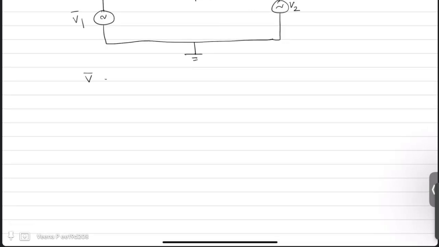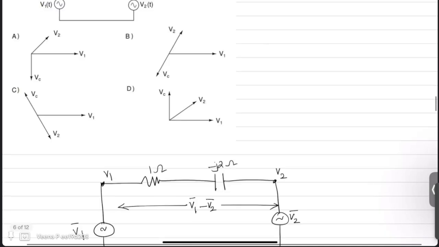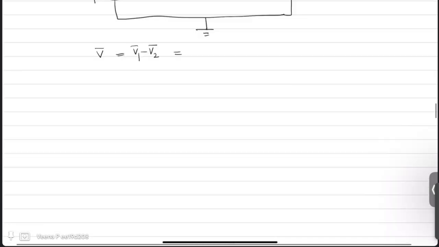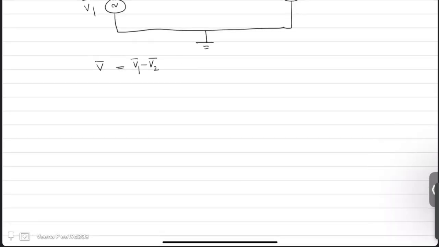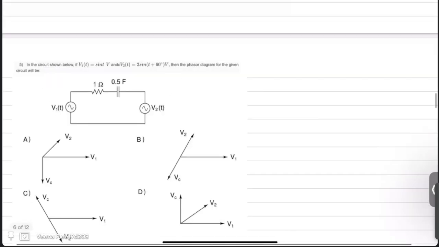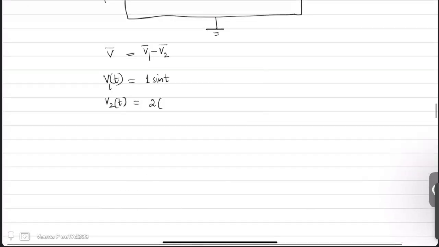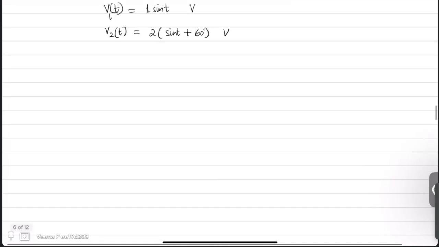Let V be V1 minus V2. V1 is given as sin t. So in the time domain, V1 is 1 sin t and V2 is 2 sin(t plus 60 degree) volts.